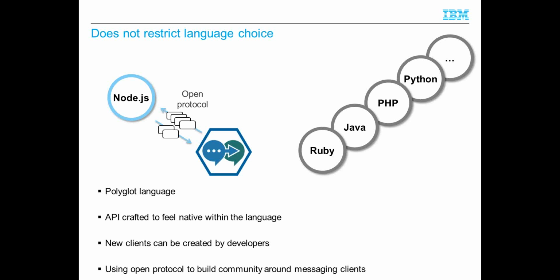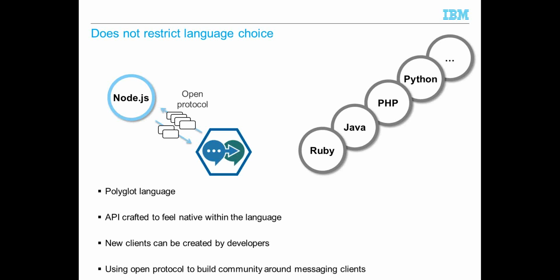And then finally, I talked about API or language coverage, and what we're aiming for is not just Node, which is where we've started today, but a whole range of popular languages, all the ones that developers are choosing to use in their new applications today.